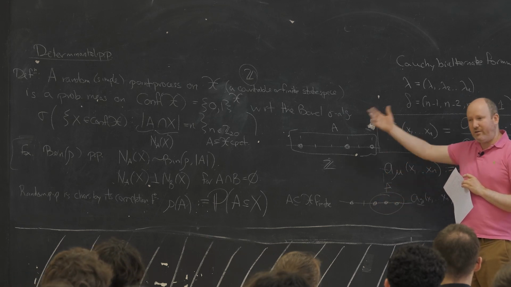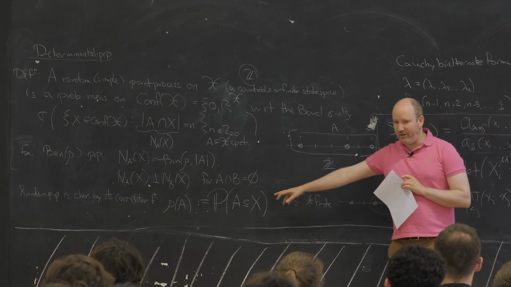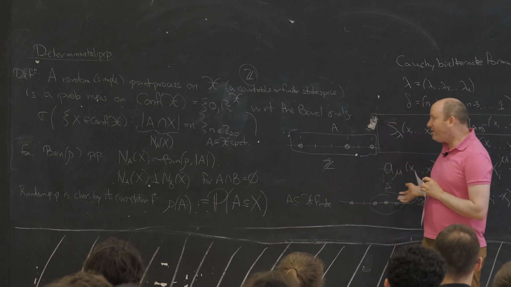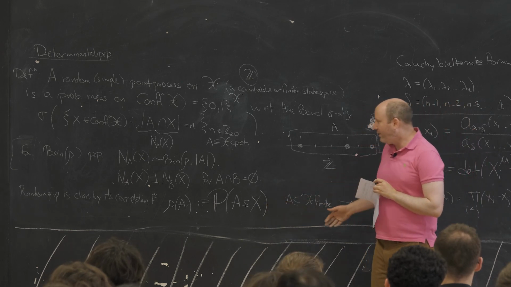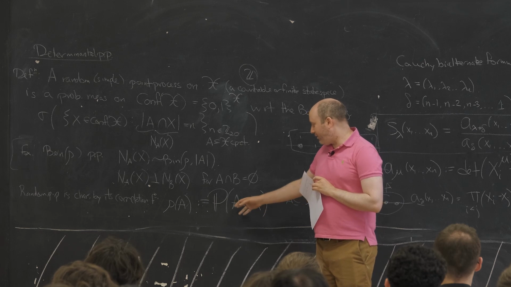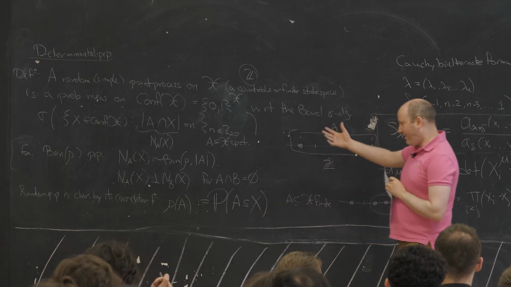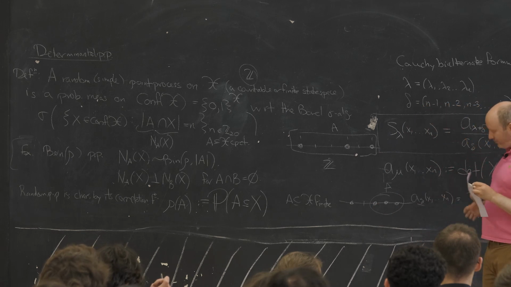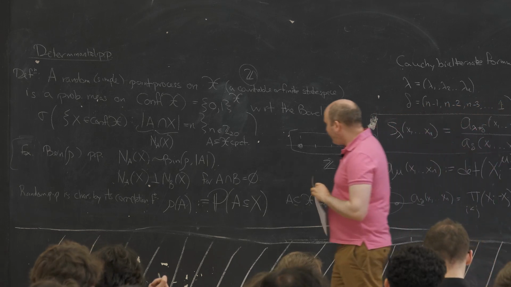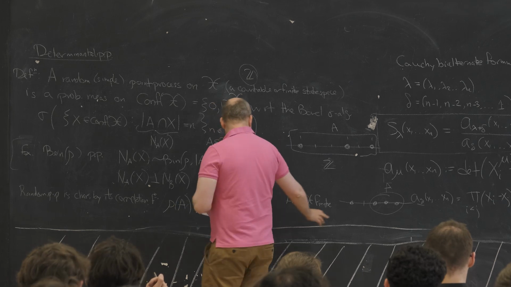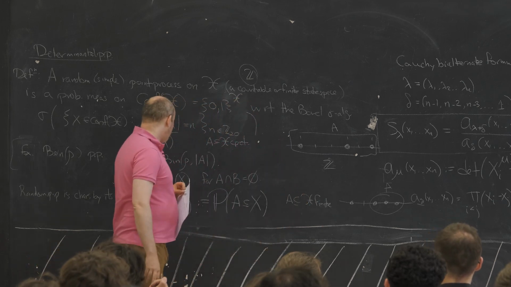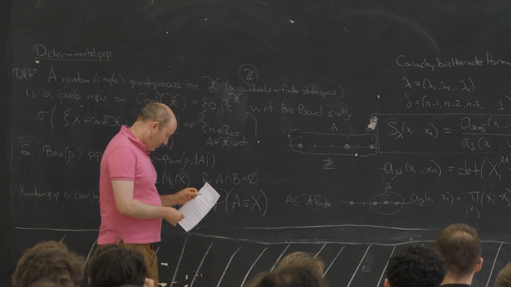So under this random measure on capital X. Again, for the Bernoulli, this is really easy. This would just be equal to rho to the size of A. That's the probability you have those A points in that point process. But in general, the knowledge of this as A spans all finite subsets will characterize a random point process.